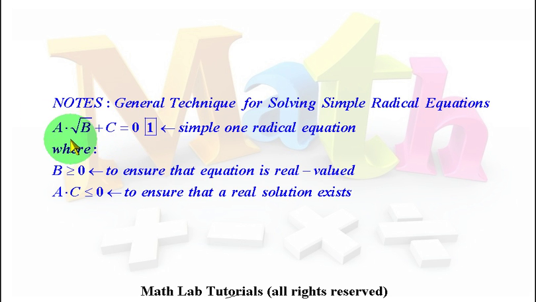So altogether, this equation will constrain the values of x that will actually solve it. Okay? And if we look at all possible values of x that will solve this equation, then we call that the solution set for the equation. So I identify that as equation 1, and we'll call it a simple one-radical equation. Again, we only have a single radical.